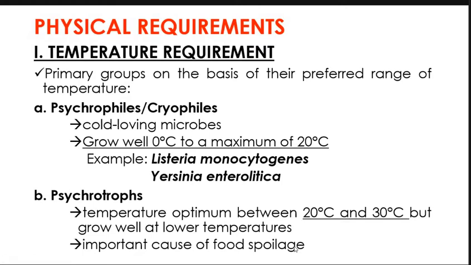This is an important cause of food spoilage. Why do we say they are an important cause of food spoilage? What is the temperature in the refrigerator, and what is the temperature of 20 to 30 degrees centigrade?